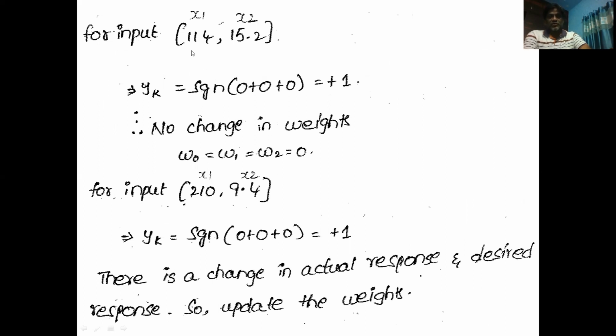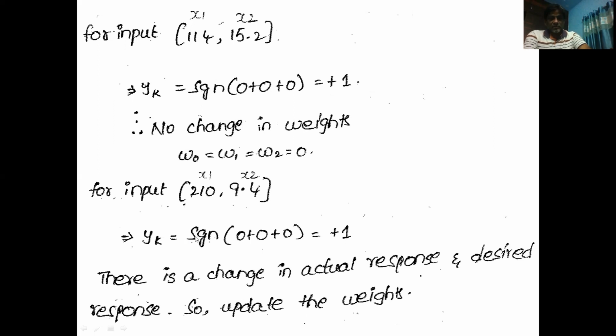For the second input, 114 comma 15.2, again it is 0 plus 0 plus 0. The desired response is +1, and the calculated response is also +1. So the neural network is working fine for the first class of fruit, and there is no change in the weights. Now we consider 210 comma 9.4, the second category of fruit.